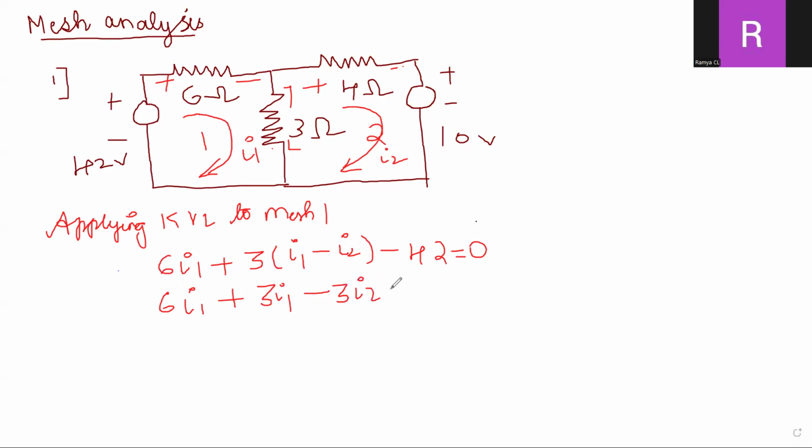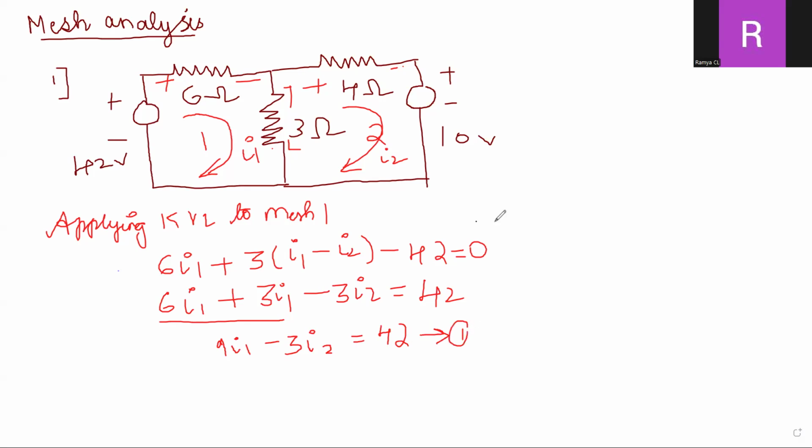The 42 goes to the right-hand side, so we get plus 42. 6I1 plus 3I1 is how much, children? 9I1. So 9I1 minus 3I2 is equal to 42. This is equation number 1.